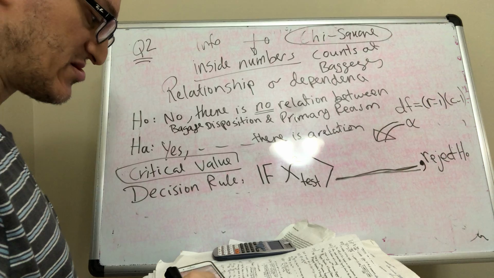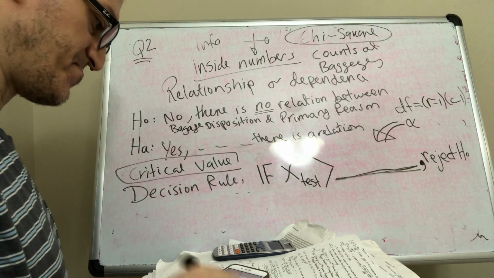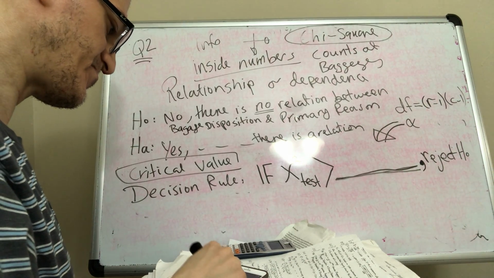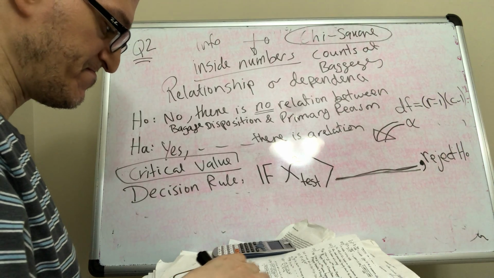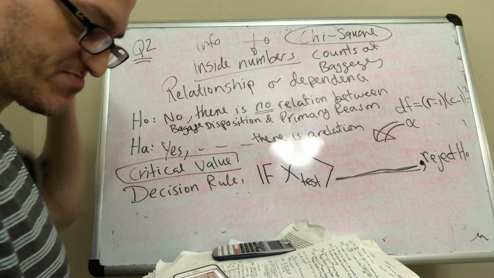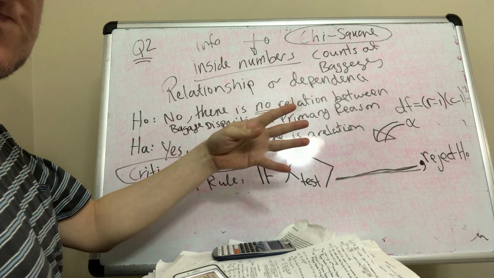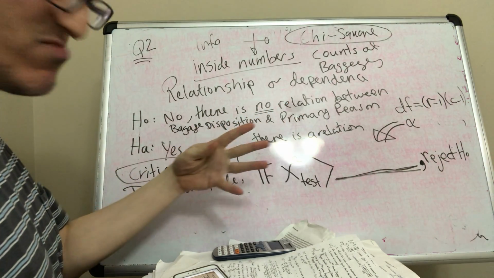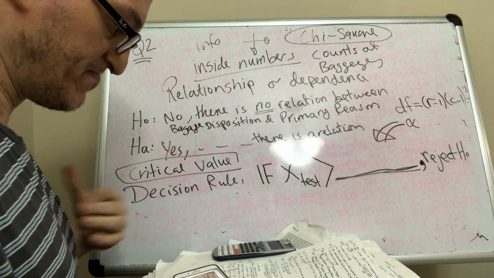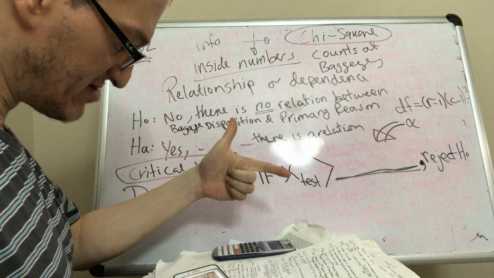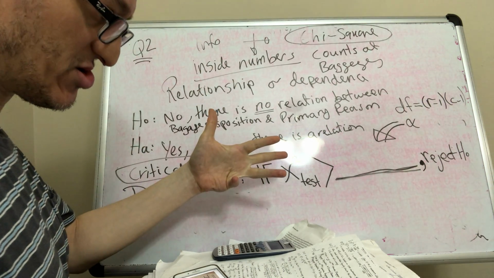So you go back to the actual question. You look at the table provided. How many cases do we have going this way? How many rows do we have? We have business, emergency, moving, pleasure. Don't count the total.